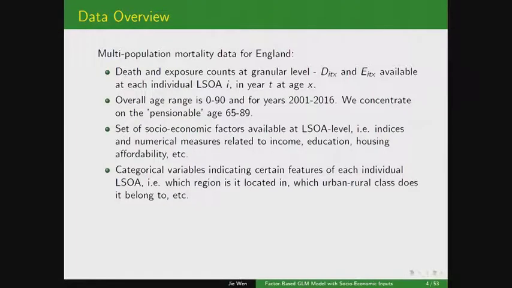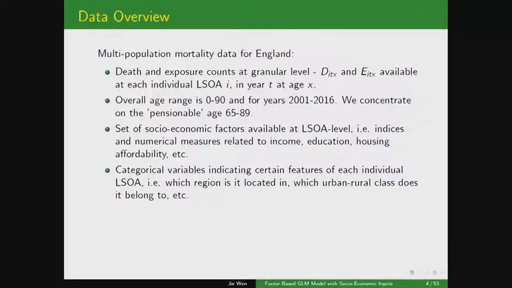Yeah, so first of all, the data we use is equivalent to multi-population data describing England. For each of the 33,000 LSOAs, we have death count and exposure count available at each time and age. The total age range is 0 to 90, and the year range is available from 2001 to 2016, but we picked the pensionable age, which is more of our interest, which is age 65 to 89.